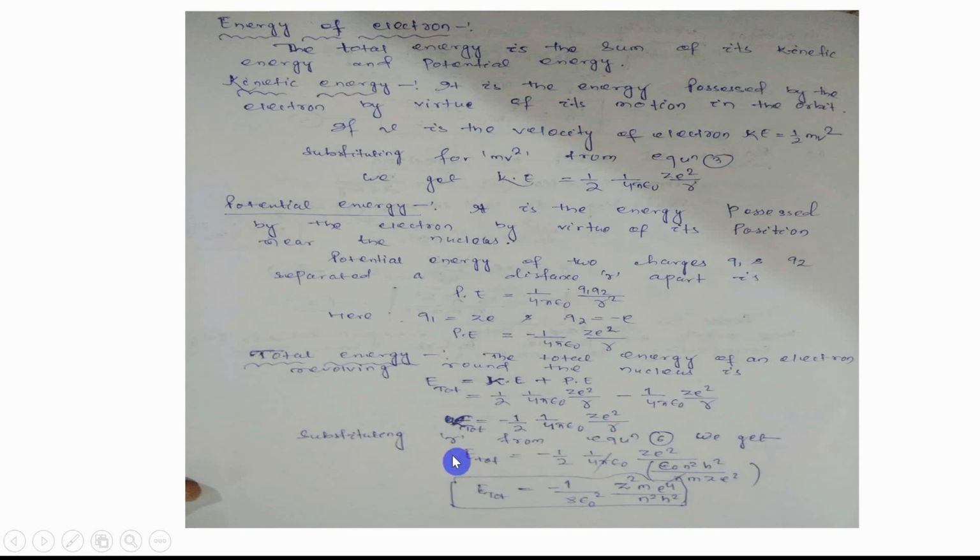And substituting the value of r from equation 6, where we have just found the value of r, that is epsilon naught n square h square by pi m Z e square. This we put in this expression, and E total will become minus half 1 by 4 pi epsilon naught Z e square divided by epsilon naught n square h square by pi m Z e square, and pi cancels out here, and finally 4 into 2 is 8.